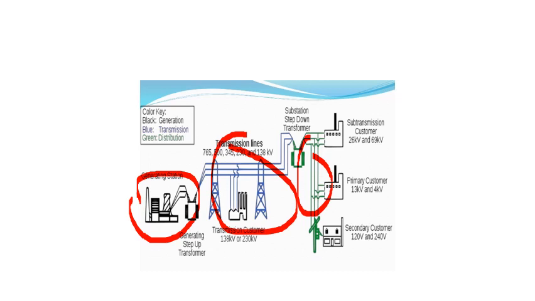This also shows the various voltages. First we use a step-up transformer for transmission so that it can increase the voltage, and finally in distribution we use a step-down transformer, so the voltage is reduced before it moves to homes and local distribution.